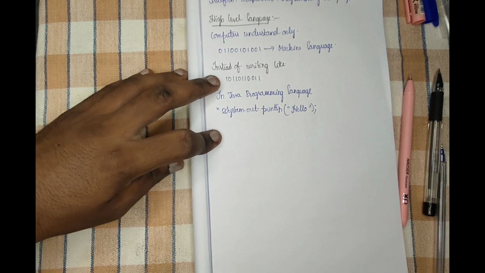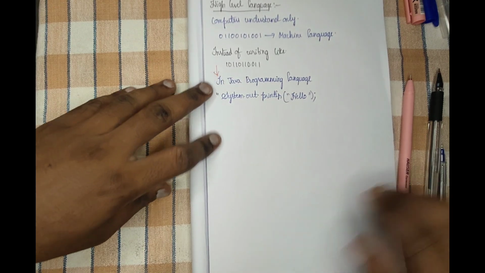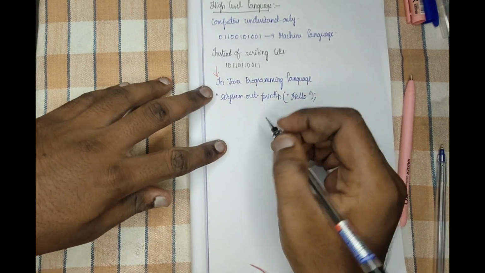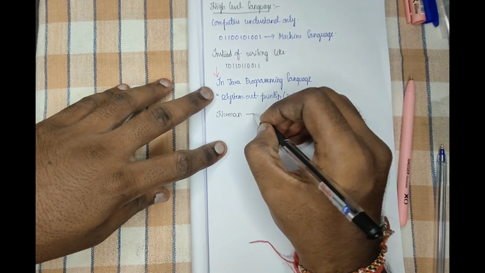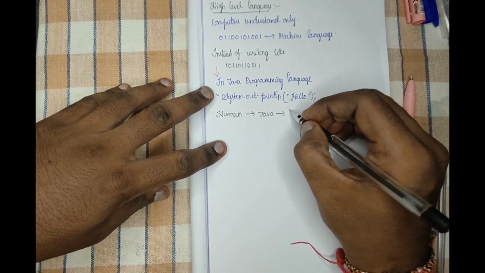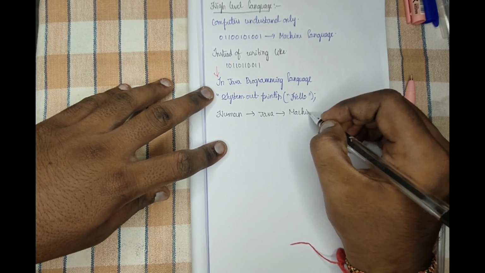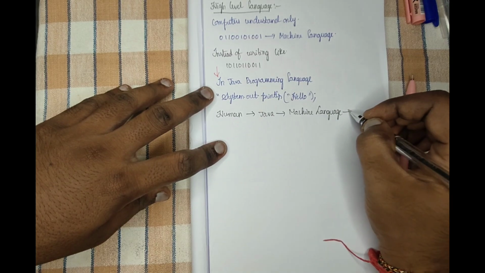This is very important, and much easier. So we can say: human to Java, to machine language, to computer.